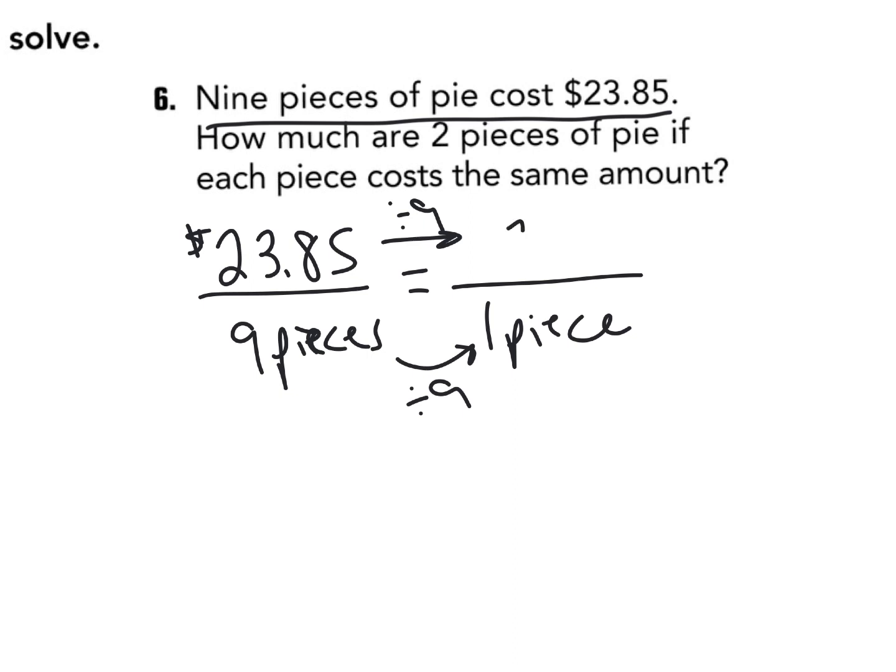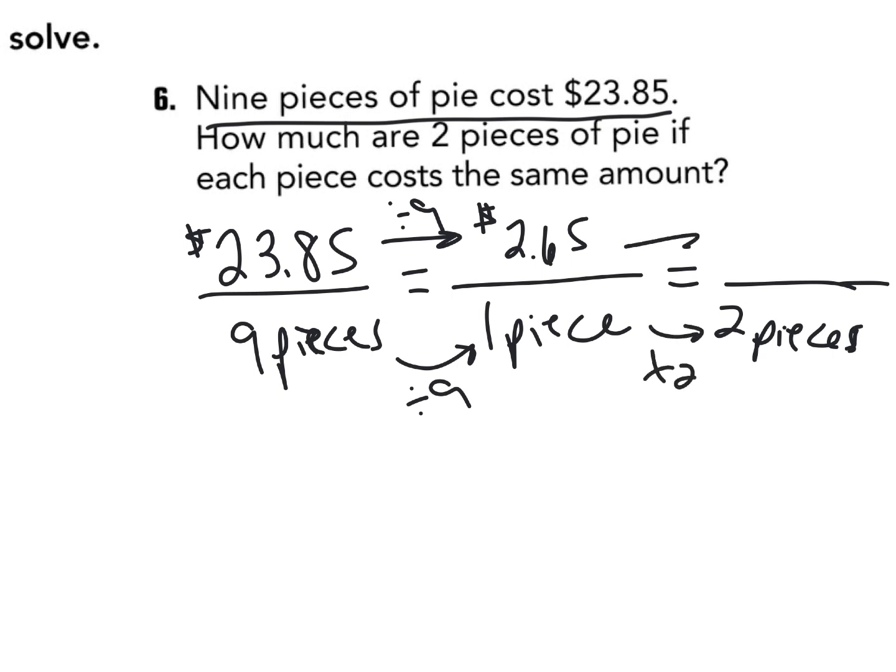And that would be $2.65 for one piece. And then two pieces, you can just extend this if you want, I guess. We're trying to find the price for two pieces. So from 1 to 2, that'd be multiplying by 2. And so that would be $5.30 for two pieces.